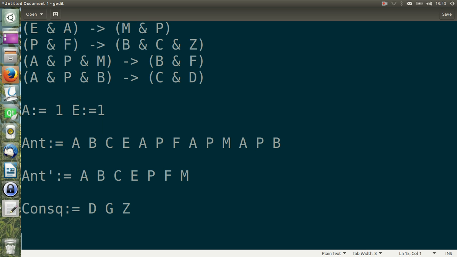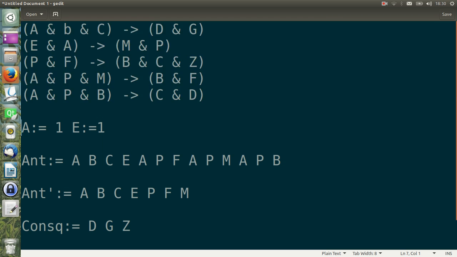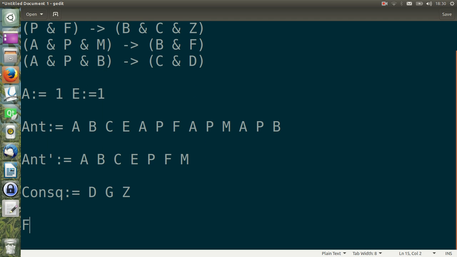In any case, if the environment of the user gives us the value of A and E, we can infer the conclusions in the following way, by drafts. First draft.